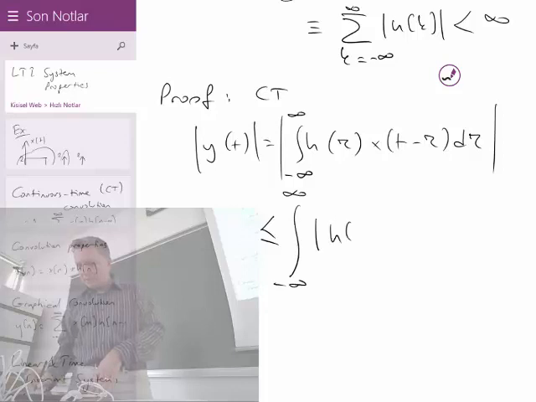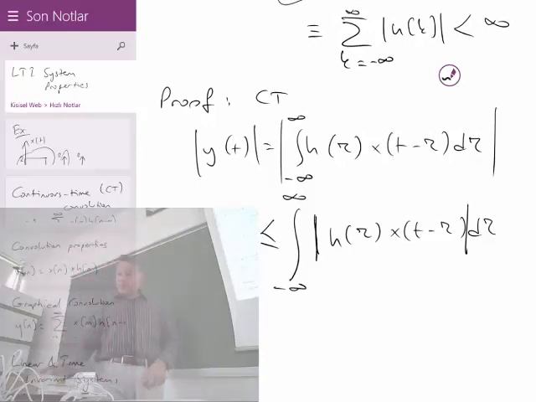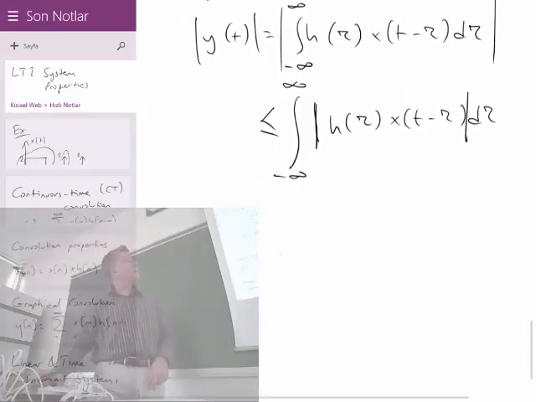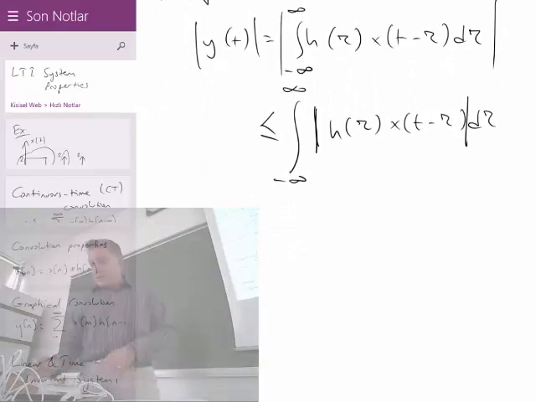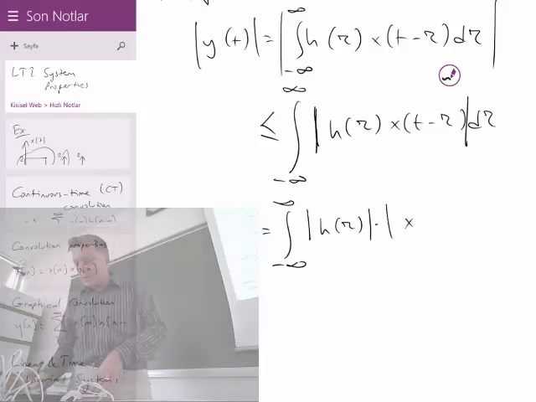the integral of the absolute value of h of tau, x of t minus tau, d tau. It's the same triangular inequality that I'm writing. Then I can split the absolute value signs into the two terms: the absolute value of h of tau times the absolute value of x of t minus tau, d tau.